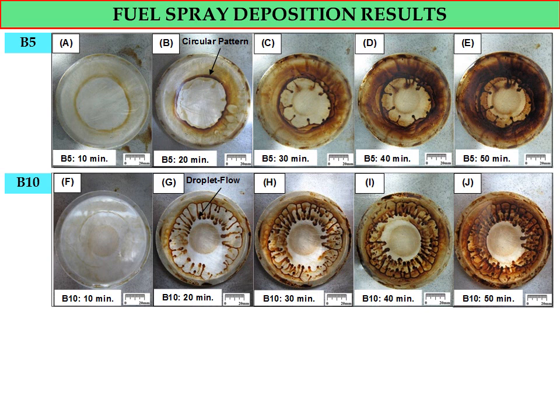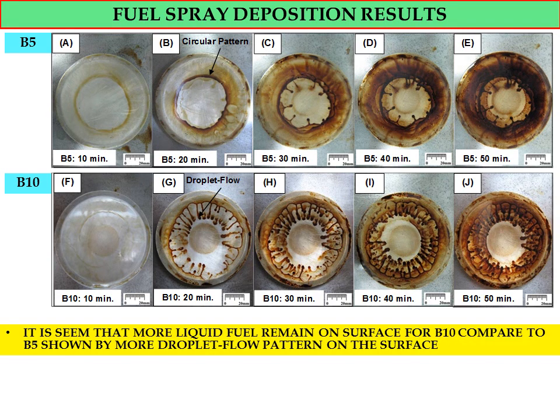However, for the rest, from photo G up to photo J, we have a droplet flow pattern of deposit, where this kind of droplet flow pattern shows that more B10 fuel remains on the hot plate compared to B5, and this can be clearly seen in photo G up to photo J. So based on this result, it is seen that more liquid fuel remains on the surface for B10 compared to B5, shown by more droplet flow pattern on the surface.